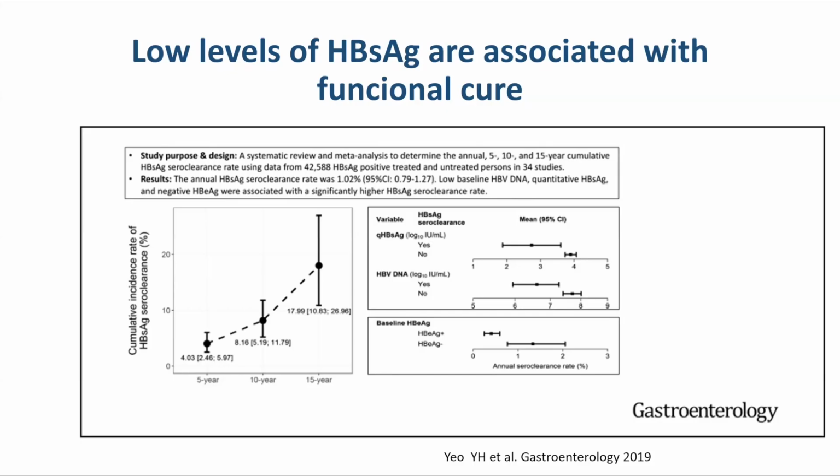But low HBsAg levels, below or around 100, are those associated with a higher rate of HBsAg clearance, as well as low baseline HBV DNA levels, particularly in HBeAg-negative patients.